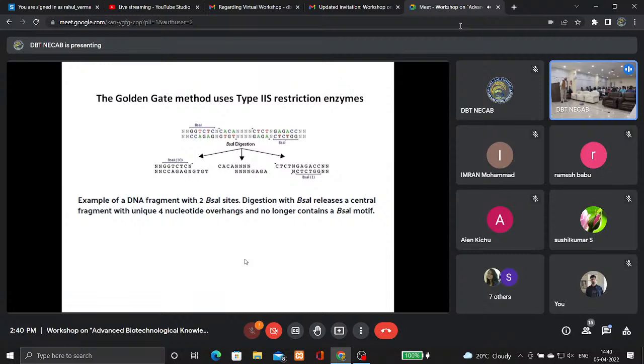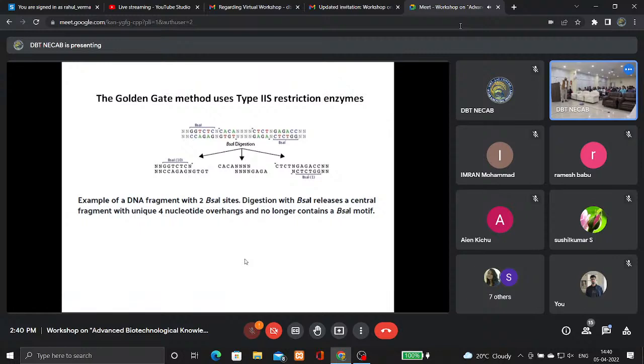Generally, what is BsaI? It has a six nucleotide recognition sequence, this one. It is not like other normal type II restriction enzymes: it digests one nucleotide away from the recognition site, and that leads to two overhangs. A four nucleotide overhang will develop. This is one restriction site of BsaI, and this is another restriction site.